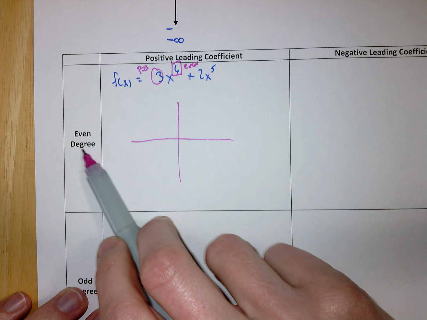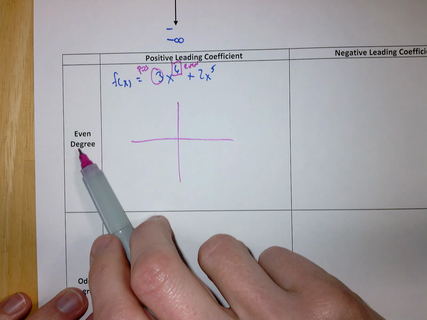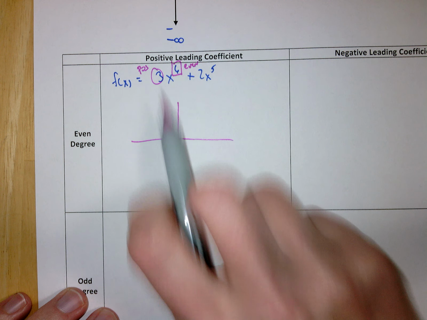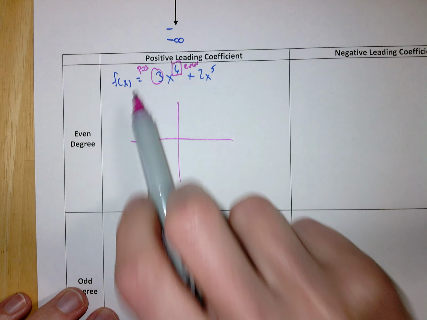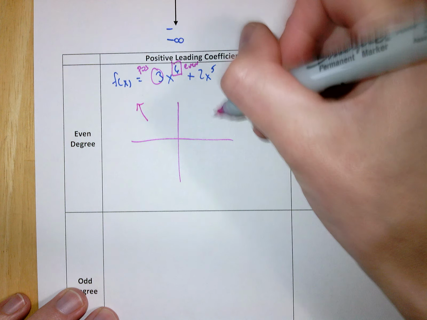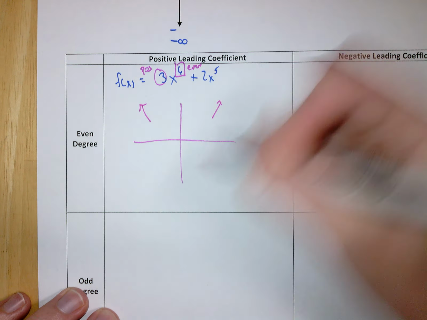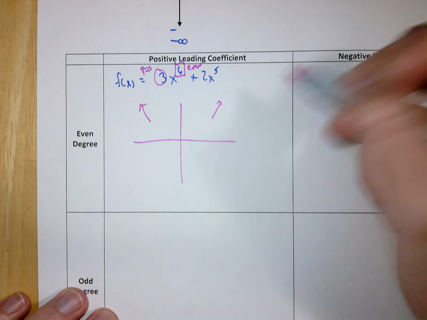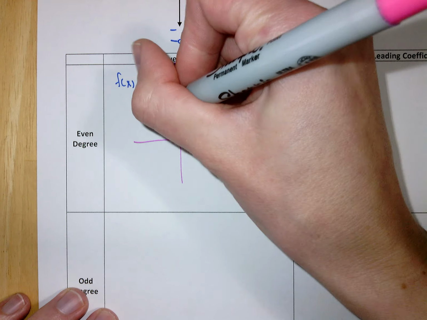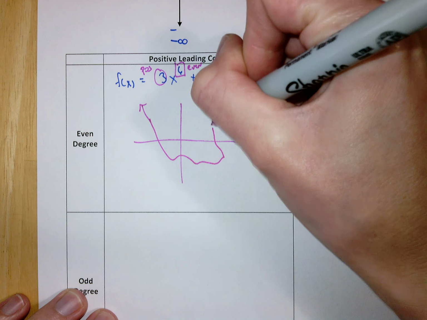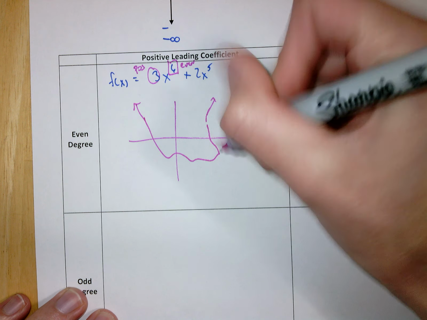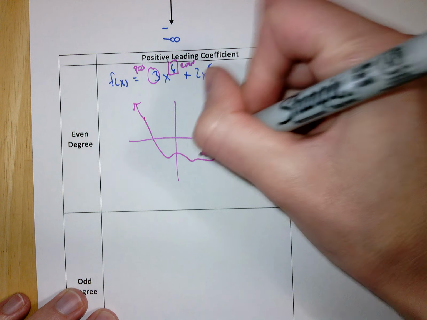Even means it's going to look parabola-y, right? So it's U-shapey, and since it's positive at the front, there's no flip. So it's definitely going to have ends that go something like this, like a U would. But I don't necessarily know that it's a U, right? It could be anything in here. It definitely doesn't look like that because you can't curve back on yourself. Let's fix that.